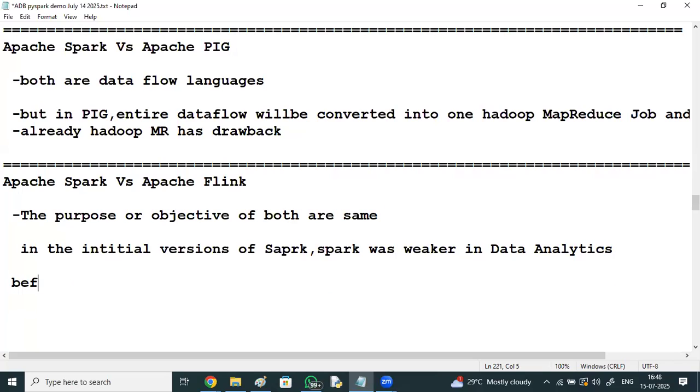Before Spark 1.6 version, Spark was down. Before Spark 1.6 version, Spark was dominated by Flink because Spark was weaker in data analytics.